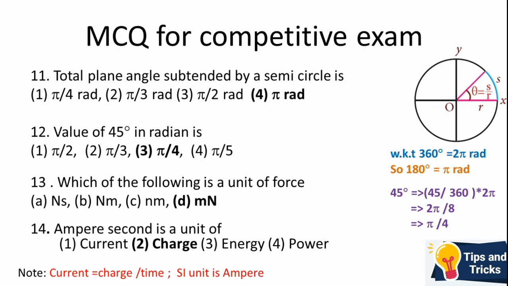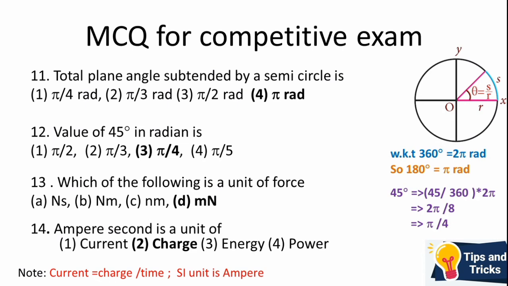So solution for this: we know that for a complete circle, theta is 360 degree, which will be equal to 2 pi radians. So for 180 degree, that is a semicircle, it will be pi radians. So the correct option is option number 4, that is pi radians.